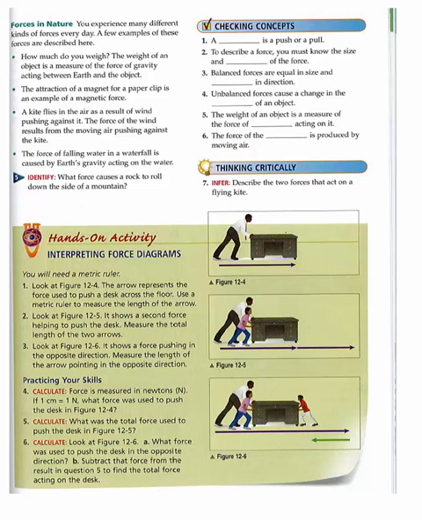Unbalanced forces cause a change in the blank of an object. 5. The weight of an object is a measure of the force of blank acting on it. 6. The force of the blank is produced by moving air. Thinking critically. 7. Infer. Describe the two forces that act on a flying kite.